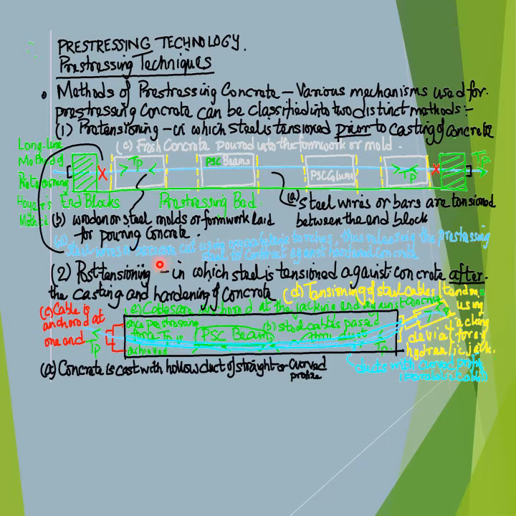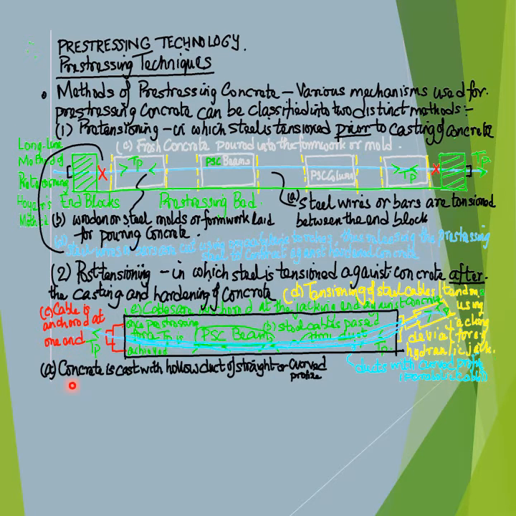And a typical scheme for post-tensioning of a pre-stressed concrete beam is shown in this schematic figure or diagram, wherein a concrete beam is first cast by pouring wet or fresh concrete into molds or formwork that are provided with hollow ducts of a straight or curved profile.